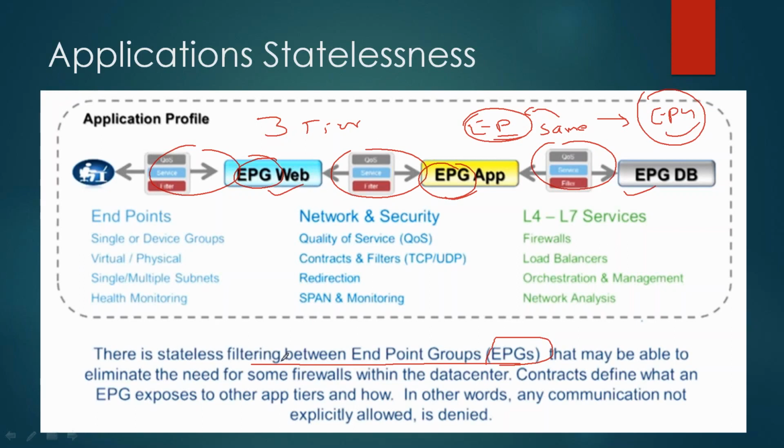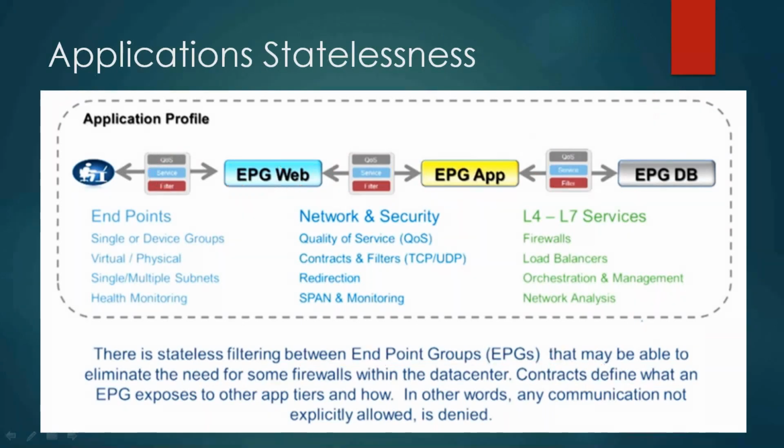Now there is a stateless filter between endpoint groups that may be able to eliminate the need for some firewalls within the data center. Contracts define, now again this new term contract, we'll see what this is. Contracts define what an EPG exposes to other app tiers and how. In other words, any communication is not explicitly allowed. So if we have two different endpoint groups, two different service groups, in between them you need some sort of agreement.